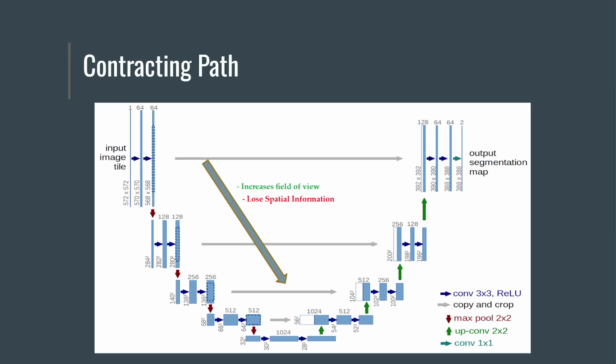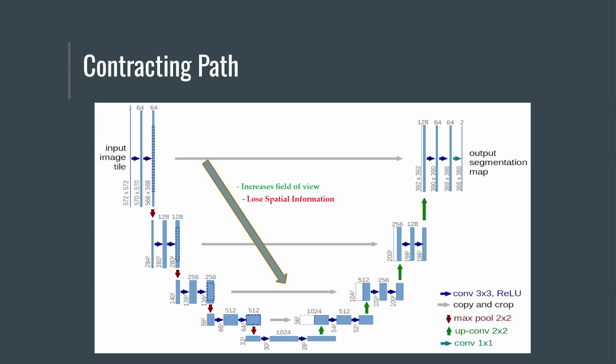The first part of the UNet architecture is the contracting path. This contracting part is also known as the encoder. This part is responsible for extracting features and reducing the spatial dimension of the input image. The goal of this path is to gather information about the image like edges, textures, and shapes.